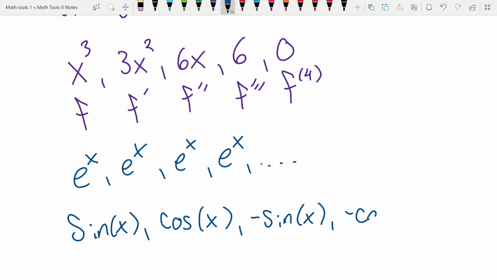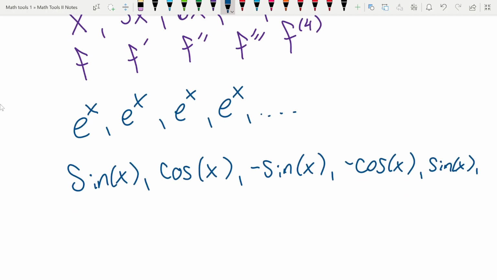So the derivative of that would be negative cosine, right? And then we're back at sine, etc. So it's cyclic, just like the sine function itself is. So sometimes you can do this infinitely, sometimes you can just do it a few times.